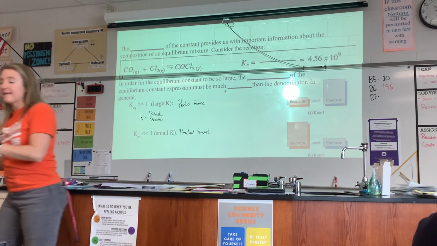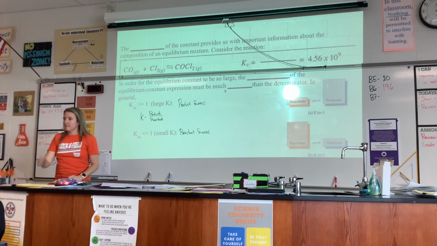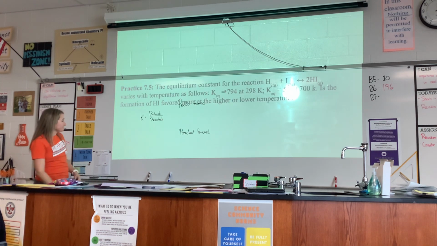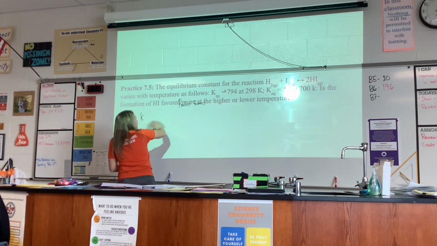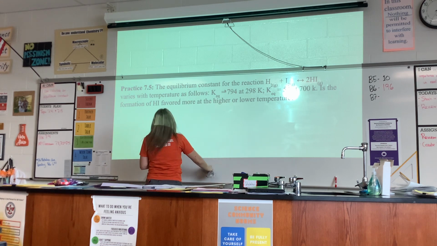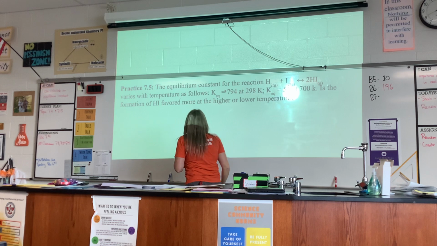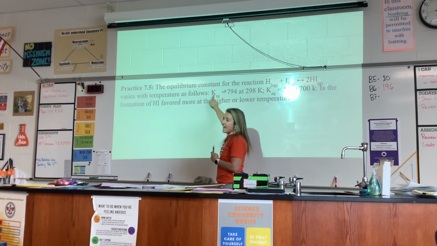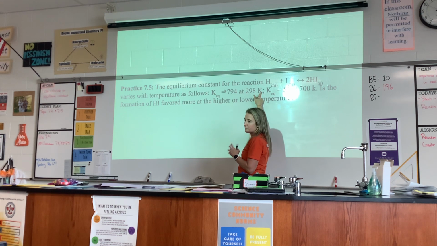Okay, let's look at one last practice problem, visualizing what this number is telling us. This one says an equilibrium constant for the given reaction varies with temperature, as they all do. They said that K is 794 at 298 Kelvin. I know this is confusing because there's K for Kelvin and K for equilibrium, a lot of K's right now.